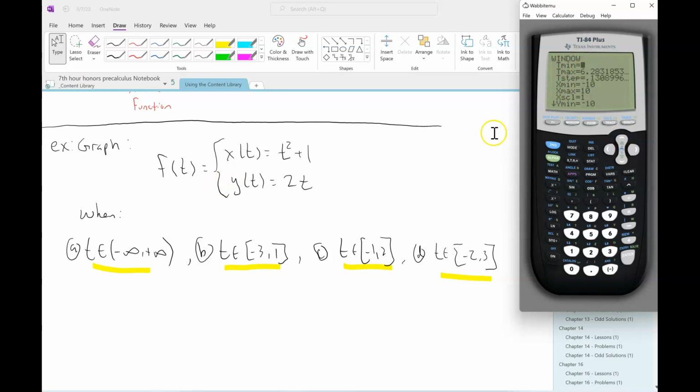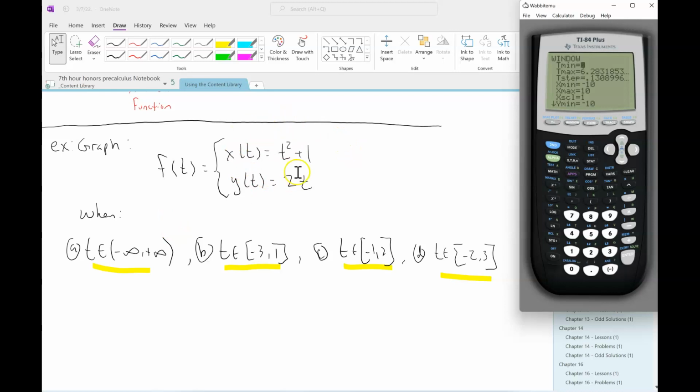What we do need to change, though, is the Tmin and Tmax. So for part A, my Tmin should be -infinity and my Tmax should be +infinity. Now, obviously, we can't put -infinity and +infinity into our calculator. And in fact, just picking an absurdly large value for the Tmin and Tmax is probably a bad idea too, because you can really overflow your calculator pretty easily by doing this.